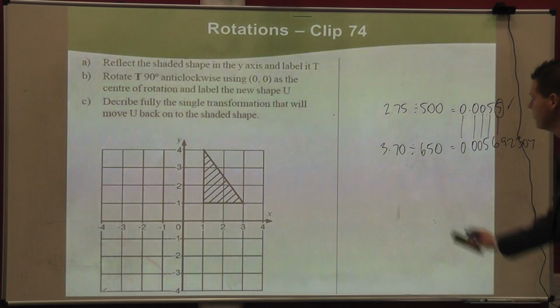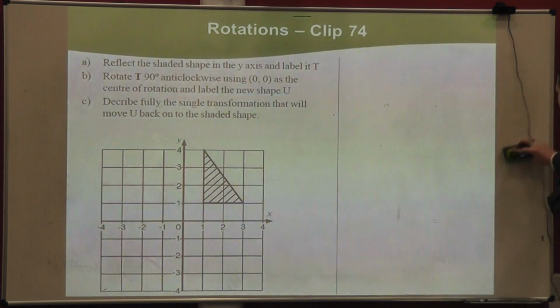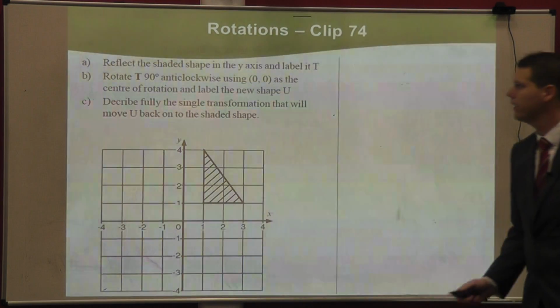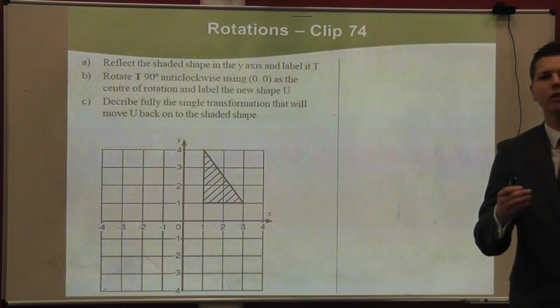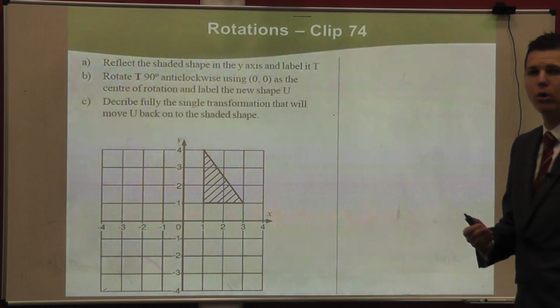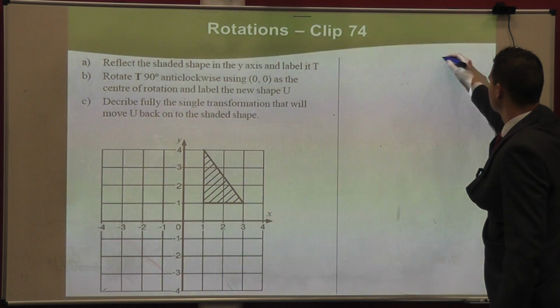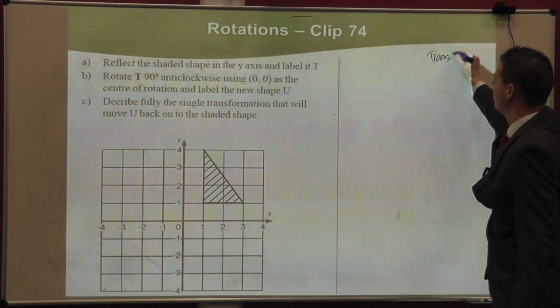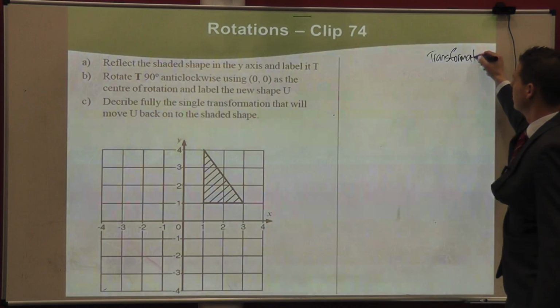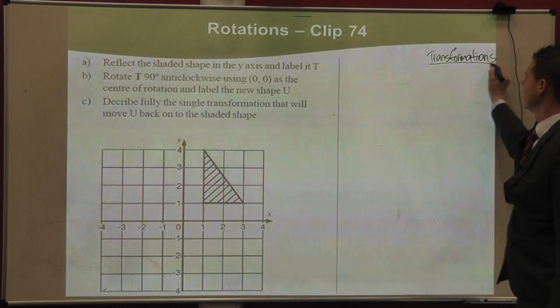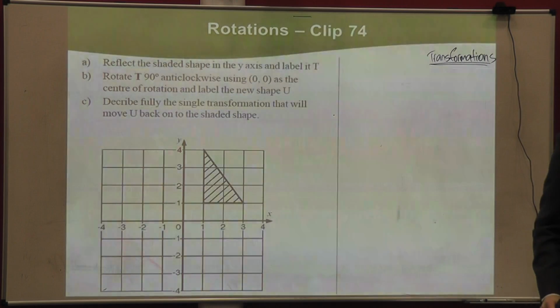The next question goes on to rotations. Now when we start talking about rotations, we're talking about one of our sets of transformations. There are 4 types of transformations.